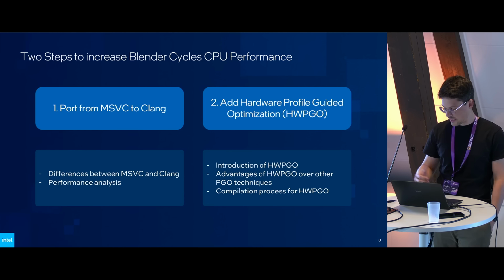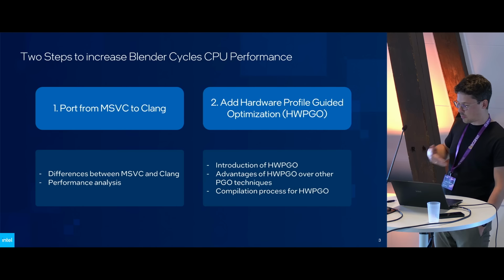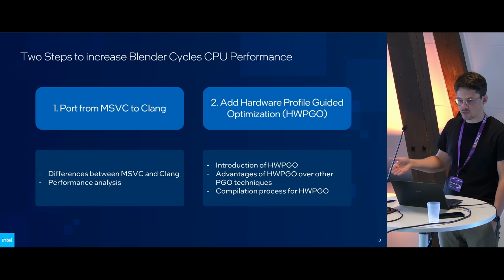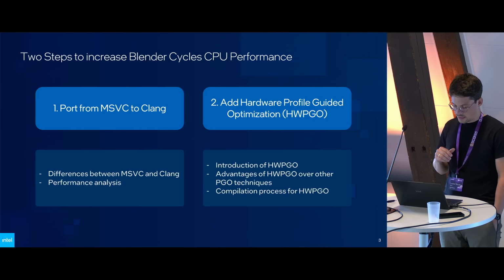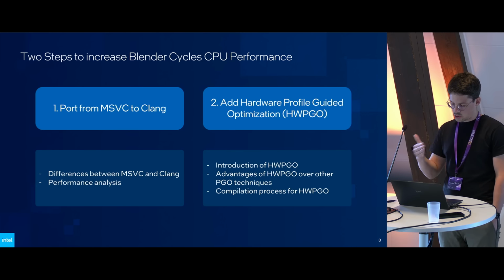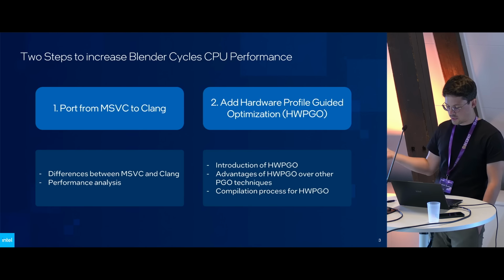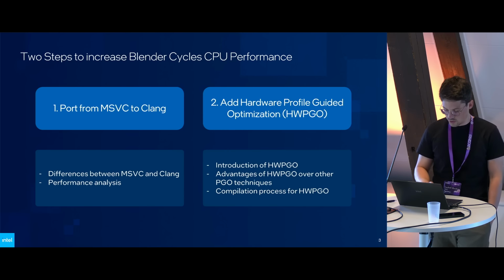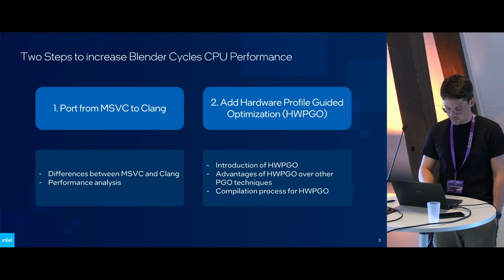This will be the second part of my talk. I will introduce what HWPGO is, and briefly talk about profile-guided optimization in case you don't know it yet. I will compare HWPGO to the established instrumented PGO. And finally, you will see how you can integrate HWPGO into your compilation process.